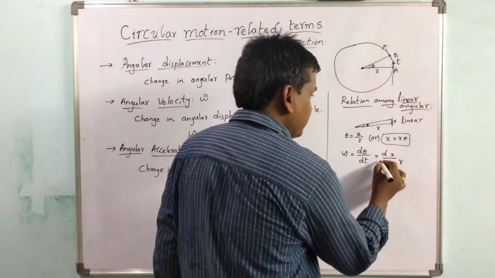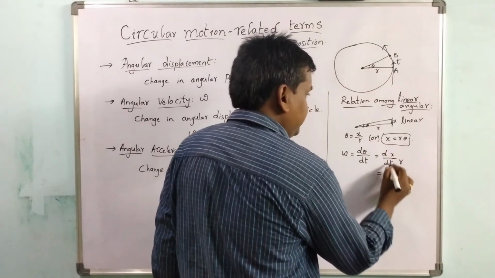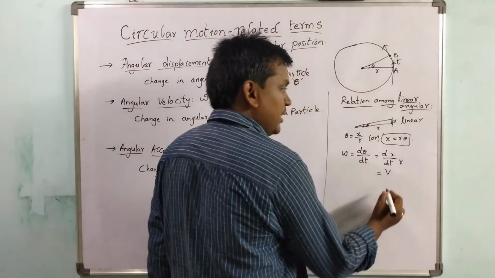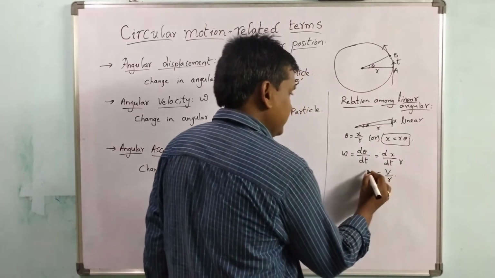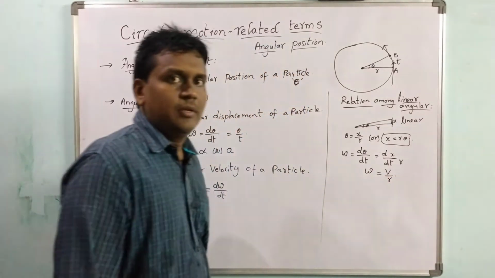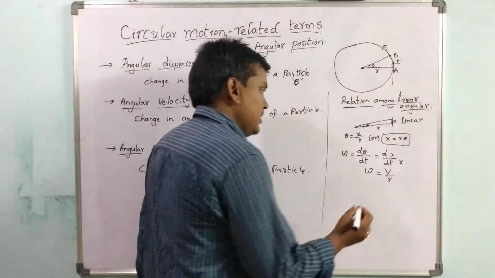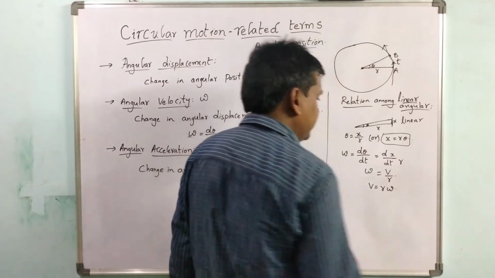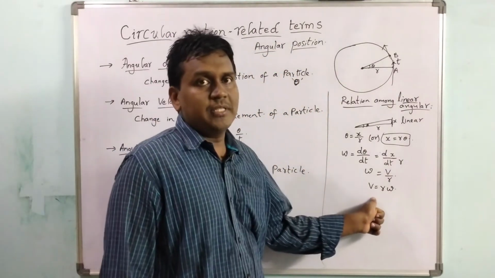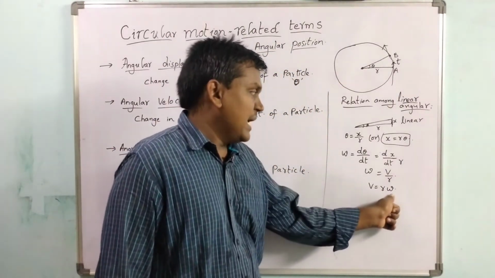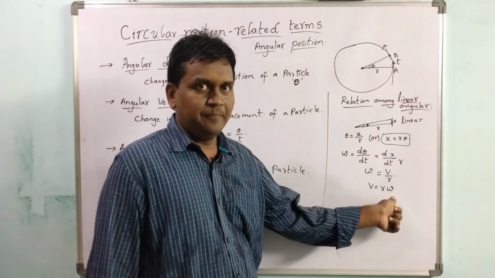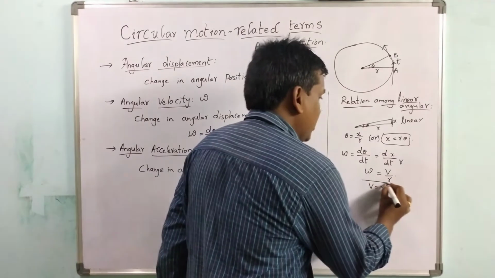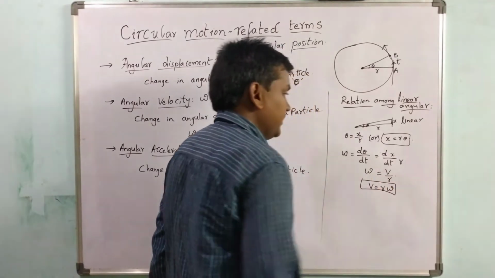This dx by dt is nothing but change in displacement per unit time, which is velocity, so omega is equal to v by r, or v equal to r omega. That means linear velocity v equals angular velocity omega into radius. So this is a relation among linear and angular velocity.